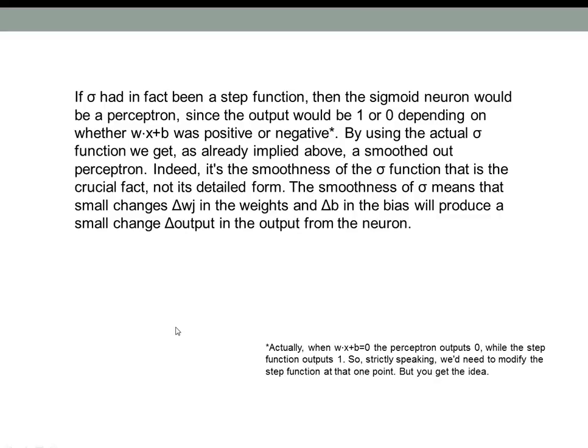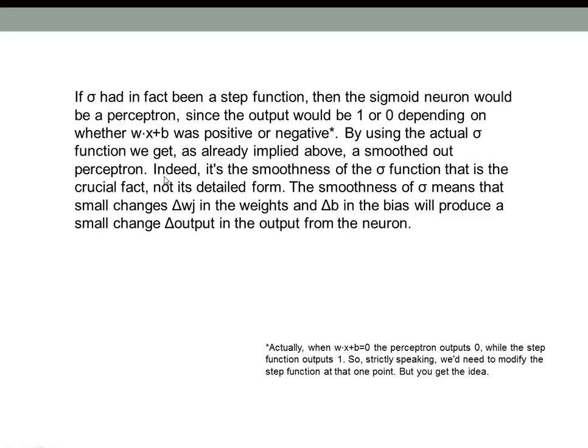Since the output would be 1 or 0 depending on whether it's positive or negative, anyway, let's ignore that. By using the actual sigma function, we get, as already implied above, a smoothed out perceptron. Indeed, it's the smoothness of the sigmoid function that is the crucial fact, not its detailed form.